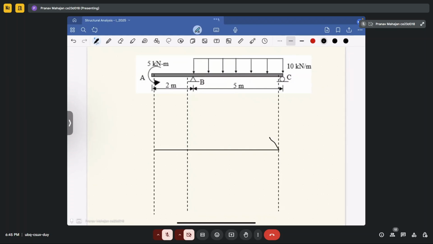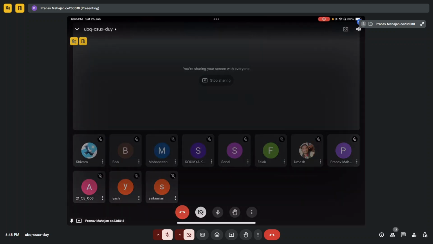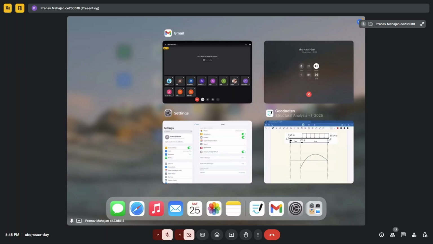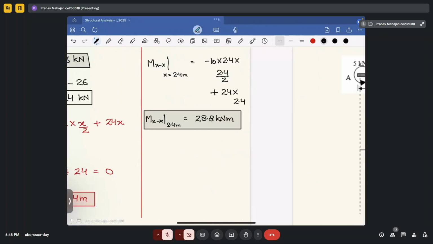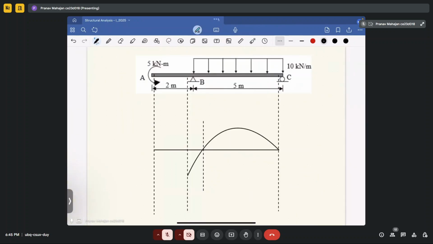Okay, so in this case, your moment distribution will look like this. Okay, and this zero value will come at a distance of, as we have already calculated, 2.4 meter.